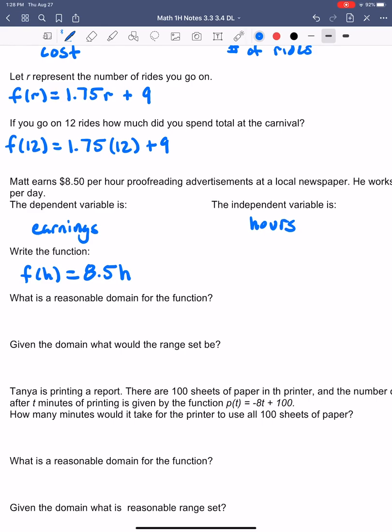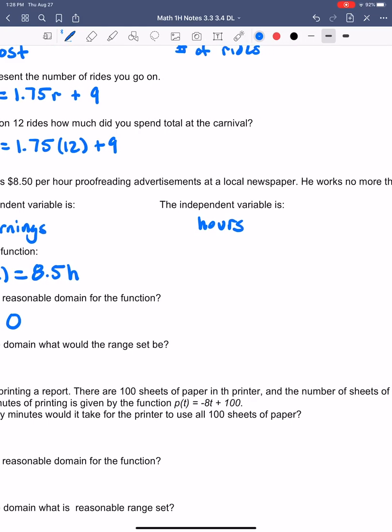But then it says, what is a reasonable domain for the function? Remember, the domain is going to be our independent variables. Those are our inputs. We talked about that yesterday. So I have to figure out what's a reasonable domain. Okay, and domain is the hours. So what's the minimum amount of hours that this person could work? And that's 0. That's the minimum.